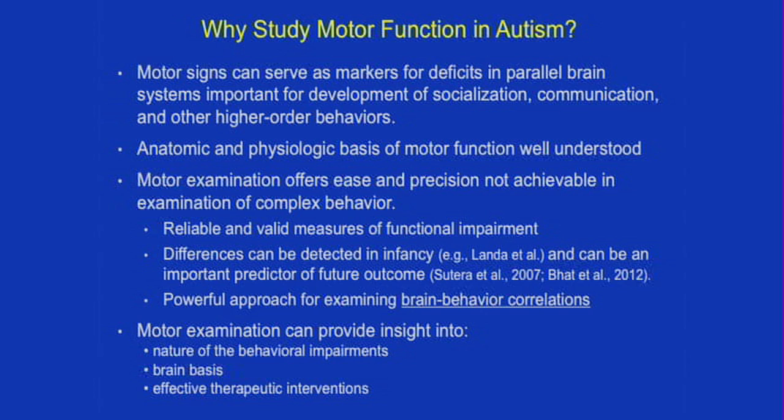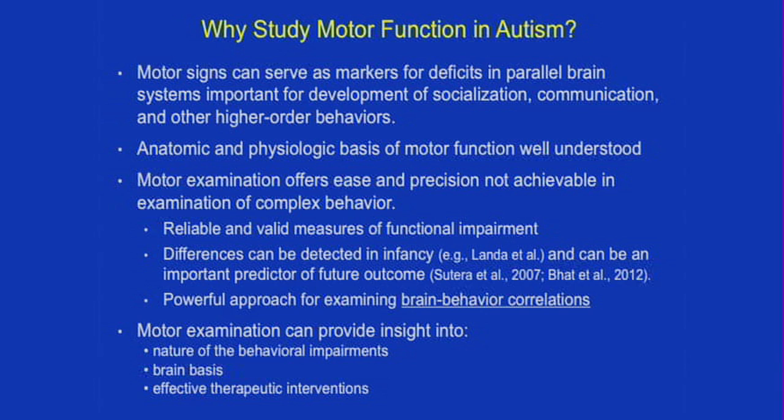Furthermore, motor examination offers an ease and precision not achievable in examination of complex behavior. What I mean by that is, yes, you could always come up with very reliable metrics of various social behaviors, but the validity, the ability to tie these metrics directly to physiologic function, is much greater when looking at the motor system.